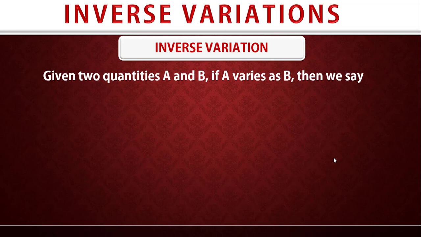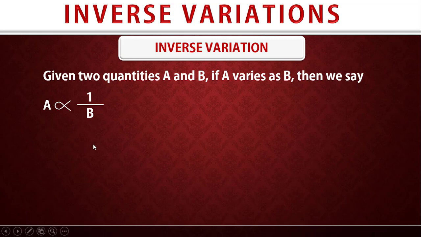Given two quantities A and B, if A varies inversely as B, then we can say mathematically that A is inversely proportional to B. So the inverse proportion means that we have 1 all over that quantity. The inverse there is the 1 all over that quantity.